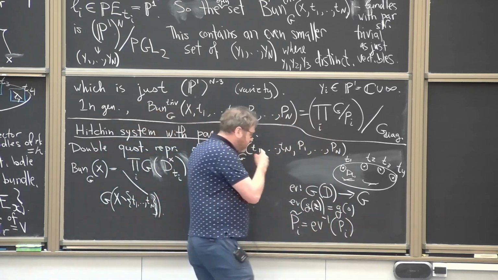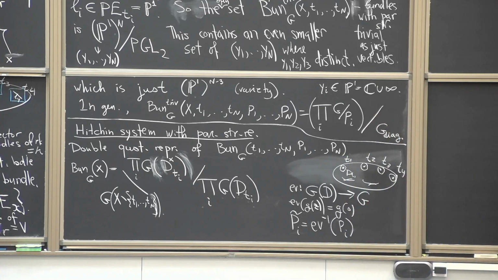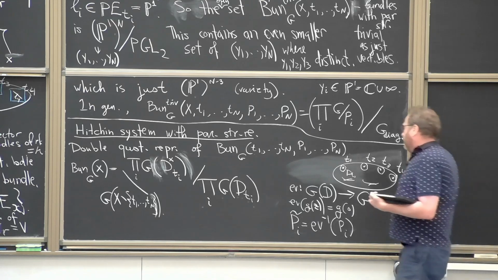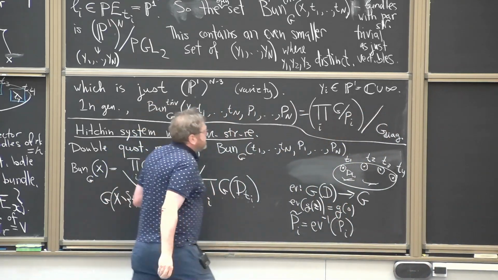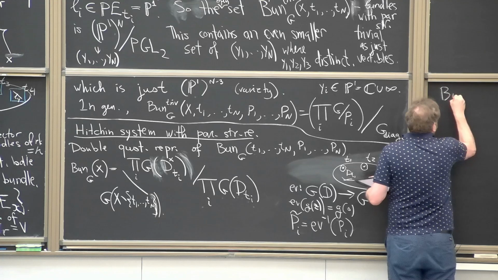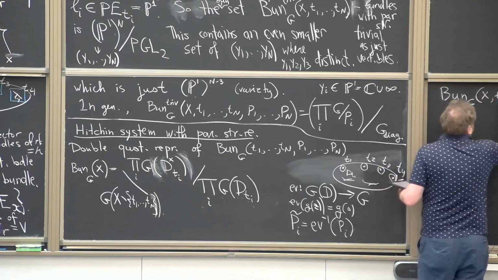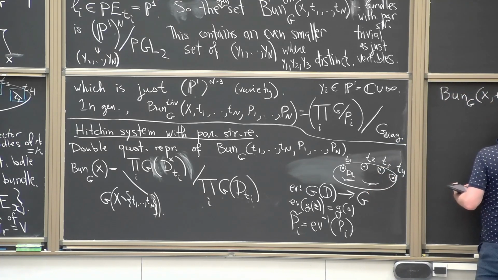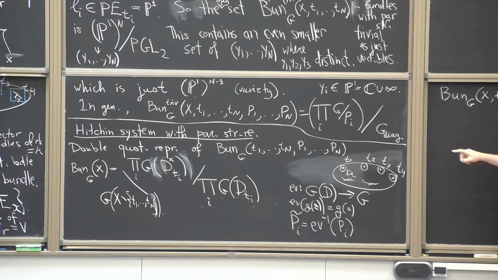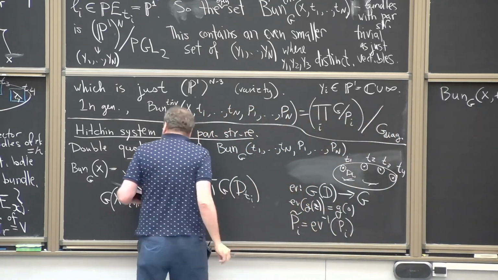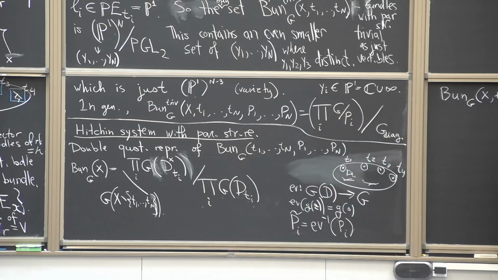In other words, it is all Taylor series with values in G such that the constant term lies in Pi. And then we see that Bun_G of X, T1, ..., Tn, P1, ..., Pn is simply the same thing, but with these groups replaced by the Pi tildes. So it is the product over i of G of D_Ti over the product over i of Pi tilde.